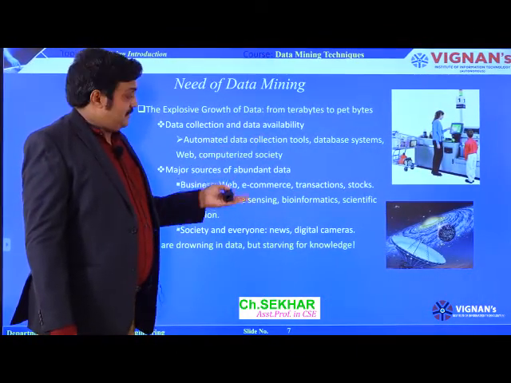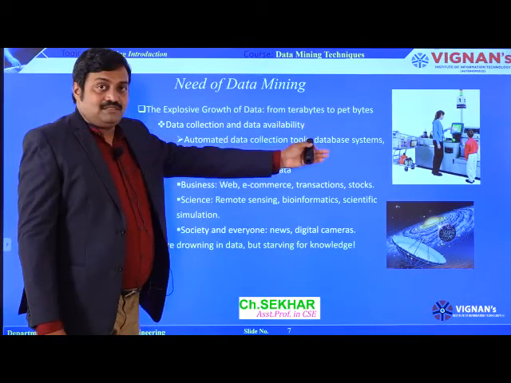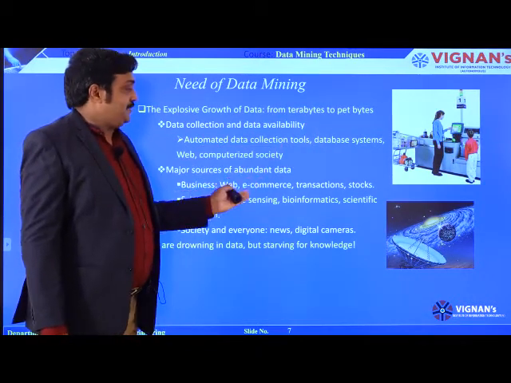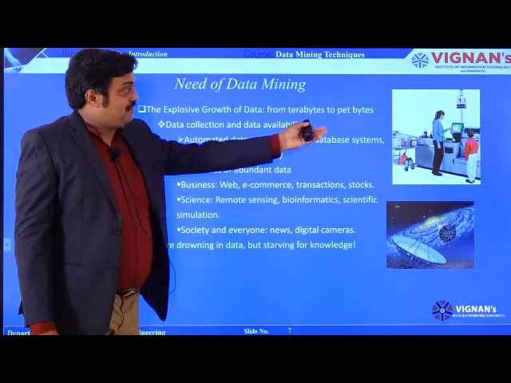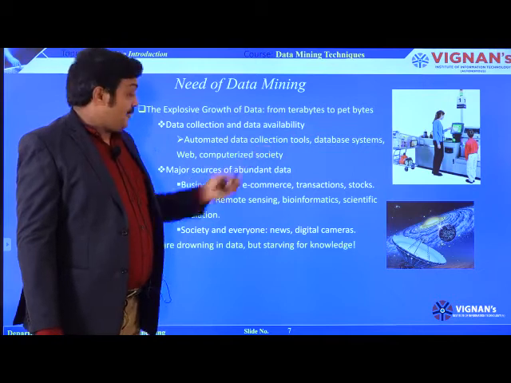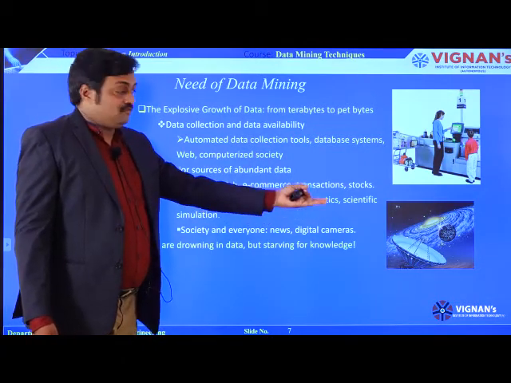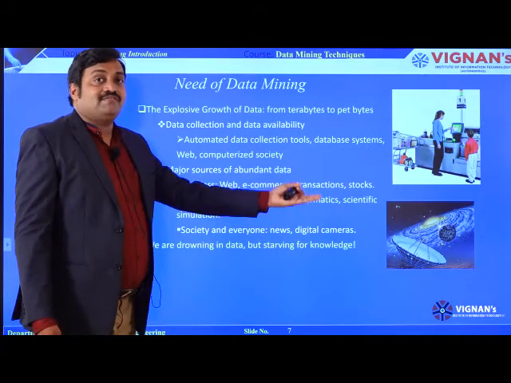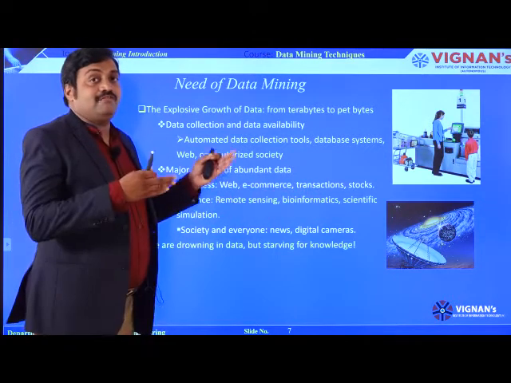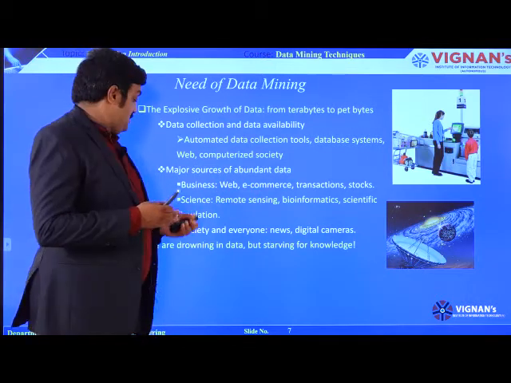As per our discussion, we are getting day-to-day transactions in a supermarket or stock market, and a lot of data. At the same time, with Google Maps, we are getting satellite information. So we have a huge amount of data, and we need to do mining operations.